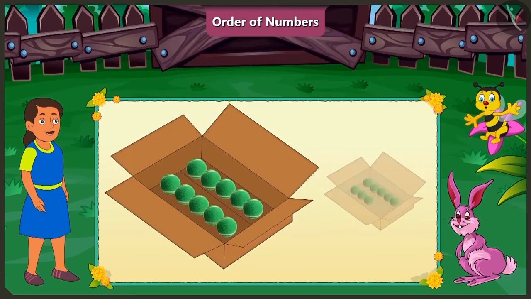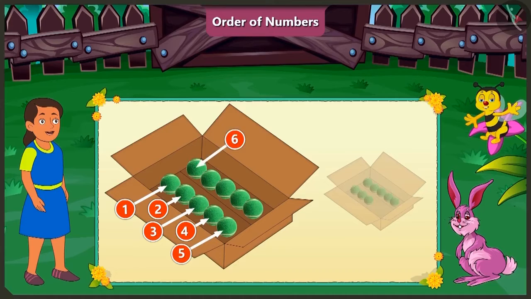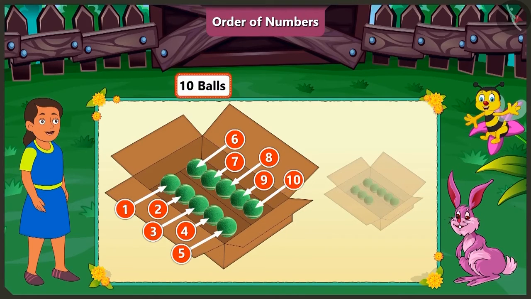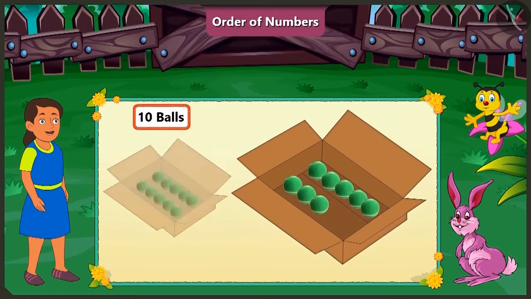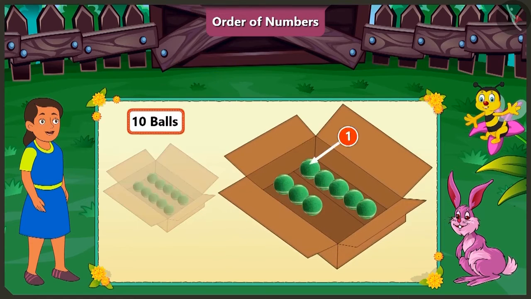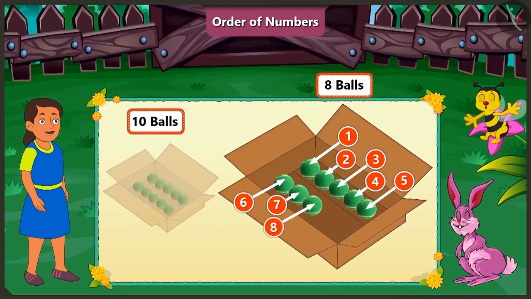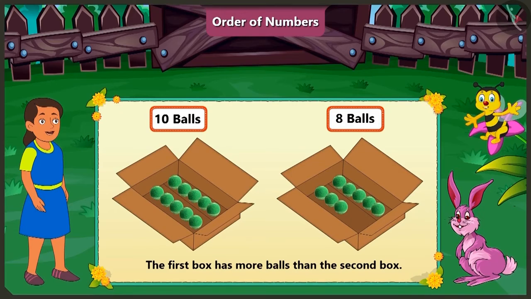One box here has 1, 2, 3, 4, 5, 6, 7, 8, 9, 10 balls. And the second box has 1, 2, 3, 4, 5, 6, 7 and 8 balls.